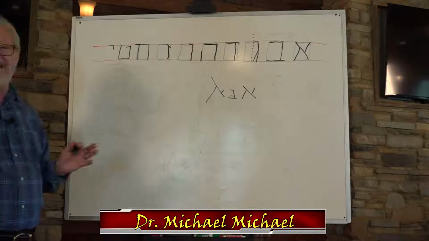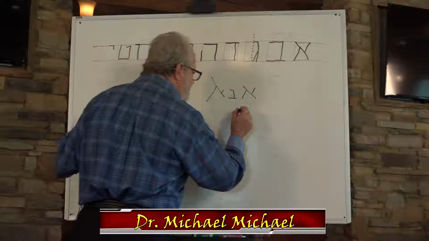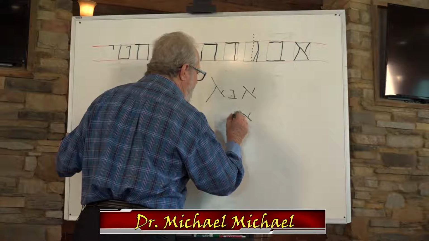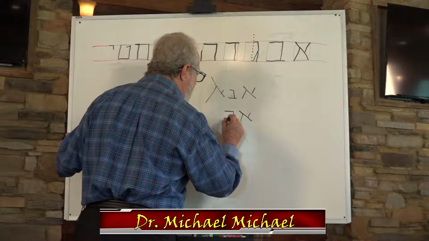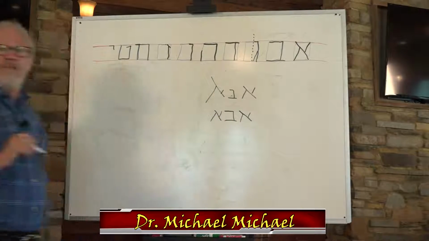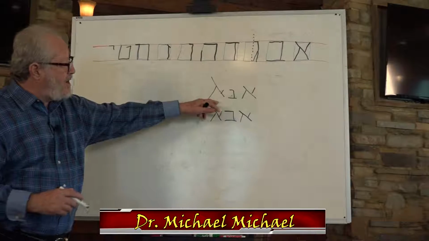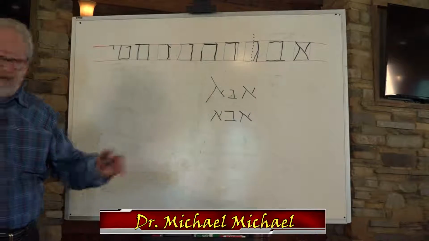Okay? That's not it. Abba is like this. A, Ba. Are they like almost the same size? So imagine writing a whole line this way. It would be like, okay, not working.